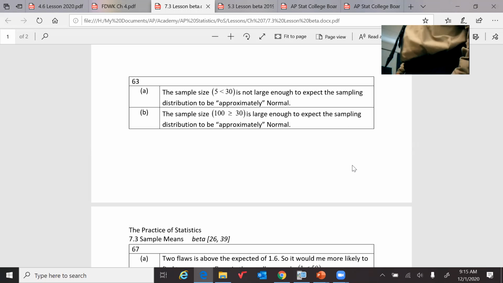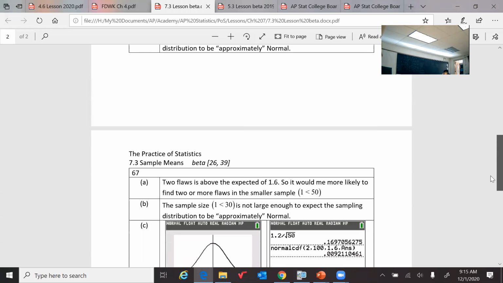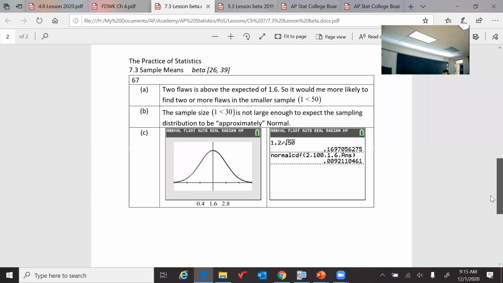And 67 is a different data set. So you're saying the expected value from this picture is 1.6 flaws. Well, the question asks, if you took 1 square yard of material, or take 50 square yards.